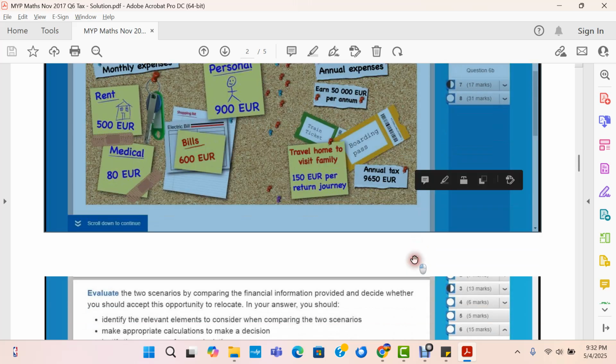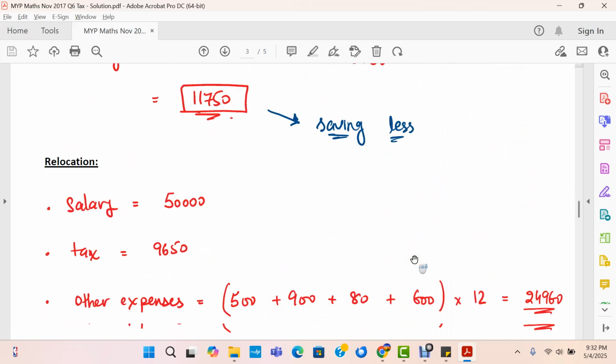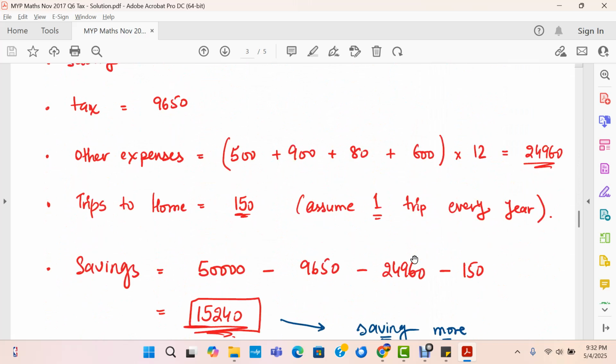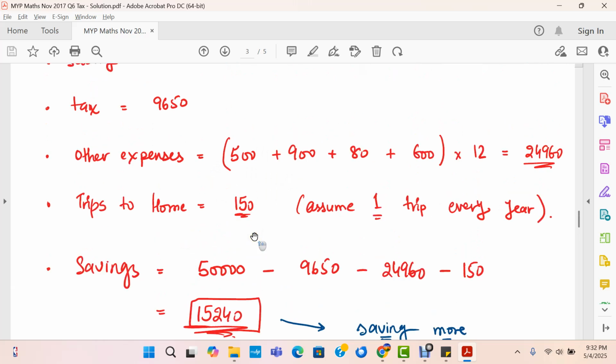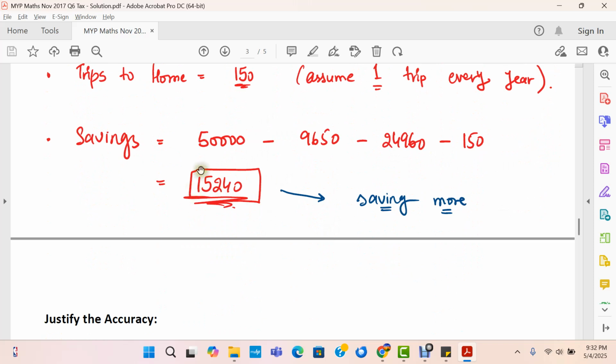Okay, so do keep that in mind. But I'm just going to assume a number. Let's say one trip every year to my home country. Okay, so when I do that, I get an answer of the income minus all of the expenses. Again, all of the expenses need to be multiplied by 12 and then added, and you subtract them and you get 15,240.